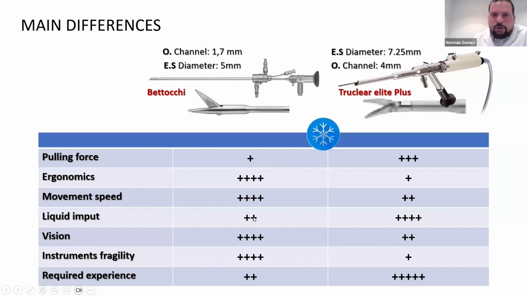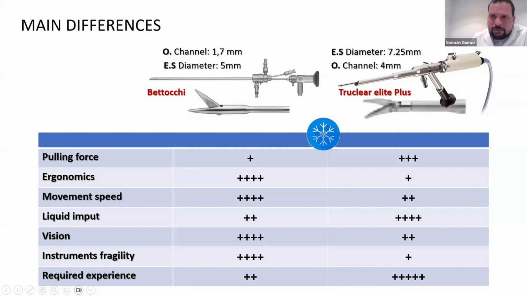The weak point is that it's fragile. The resectoscope and the tissue removal system device, whatever you use, are all very strong instruments with a big diameter of the operating channel, so we can even use a mini laparoscopic instrument to complement the surgery.